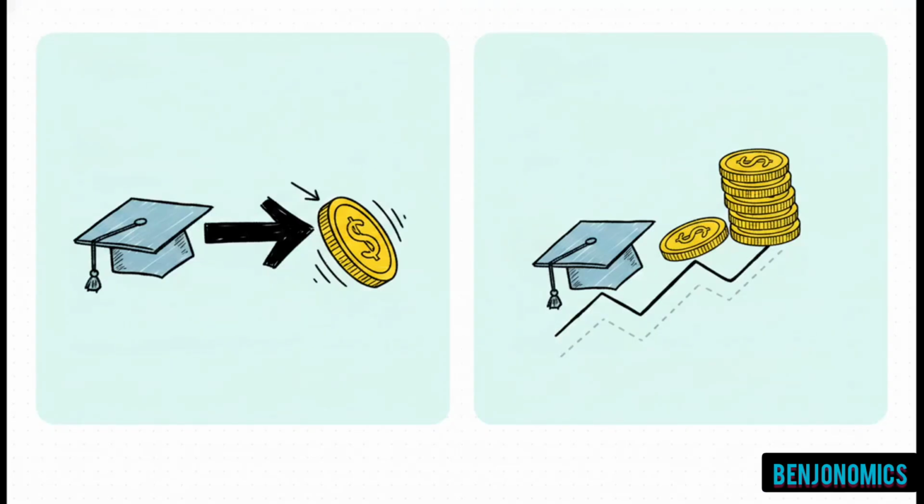So when we run a standard regression of earnings on schooling, what we desperately want to find is causation. We want the precise magnitude and direction of the effect that schooling actually has on earnings. But what do we get instead? Just the simple magnitude of association. It basically just tells us that two things move together. It definitely doesn't prove that one caused the other.